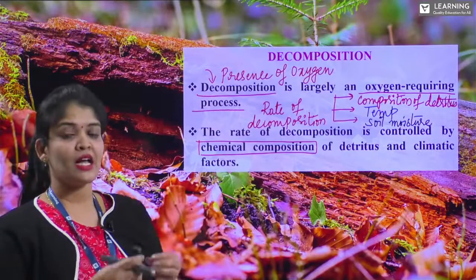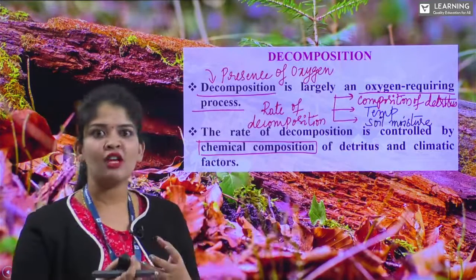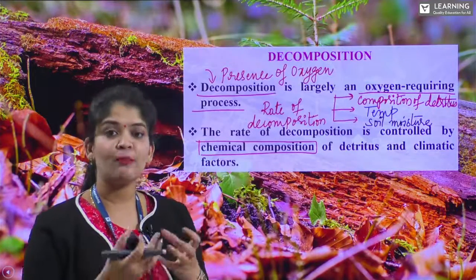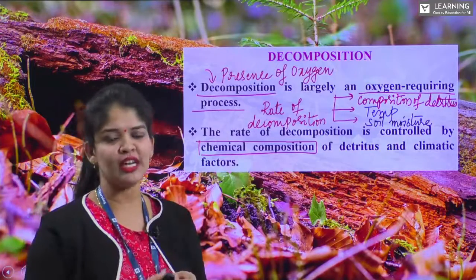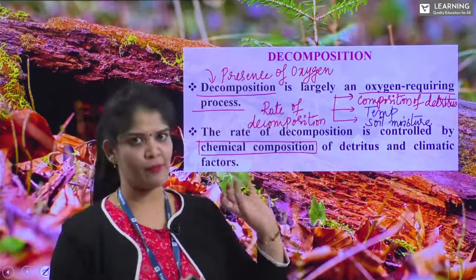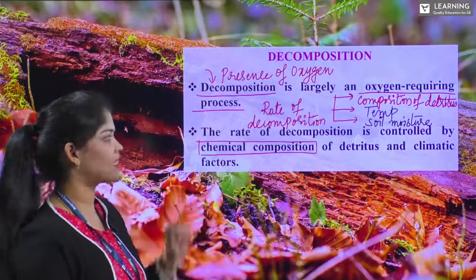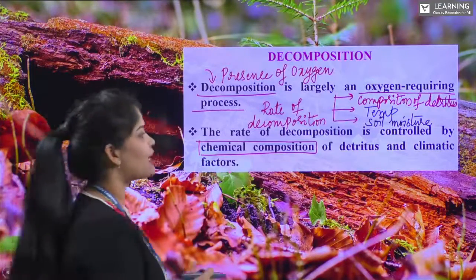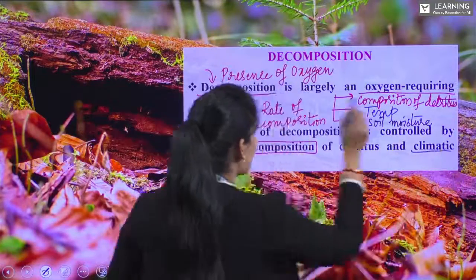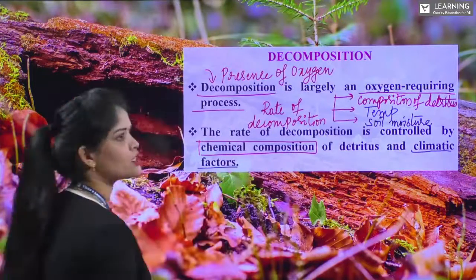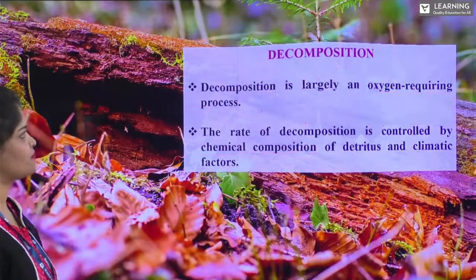Because the humification and mineralization happens in the soil, therefore, the moisture content of the soil is going to greatly influence the process of decomposition. So now, the rate of the decomposition is controlled by the chemical composition of the detritus and the climatic factors, that are nothing but temperature and soil moisture.